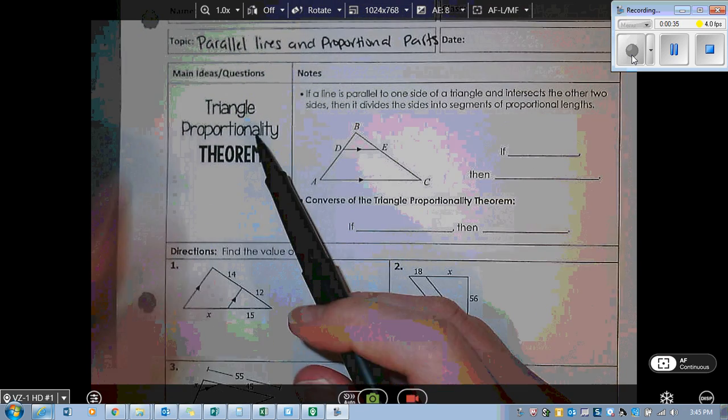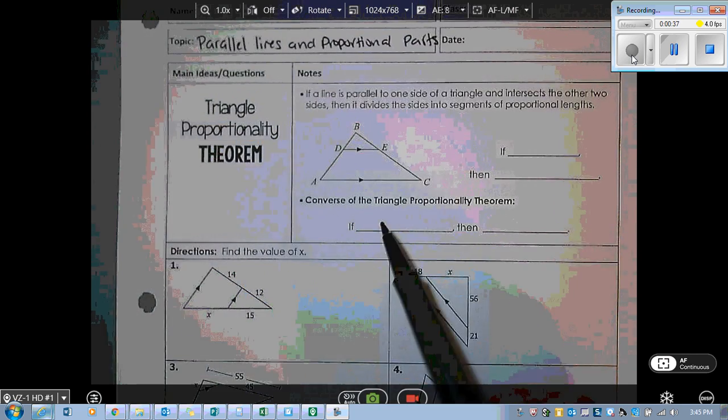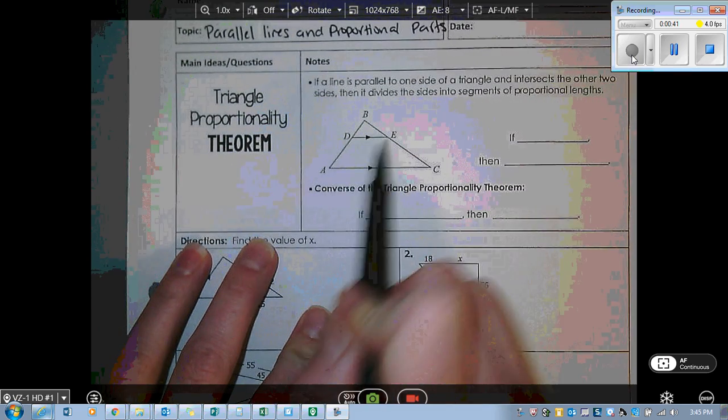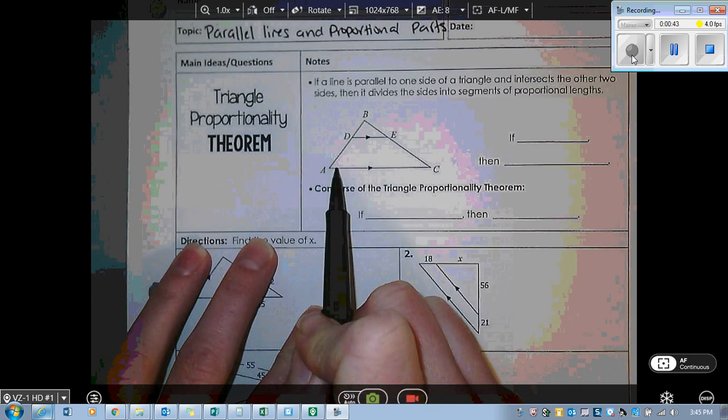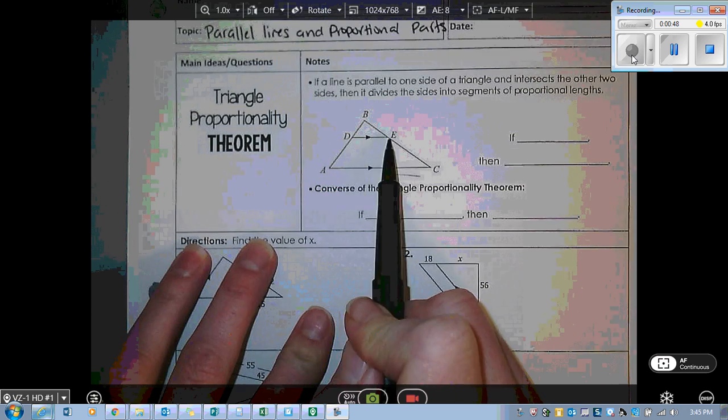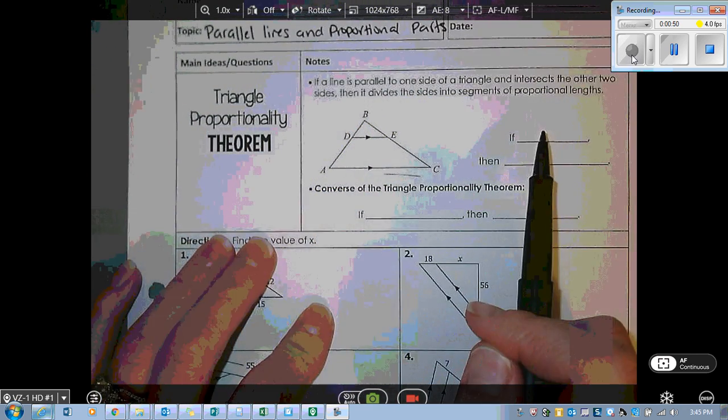So the triangle proportionality theorem states if a line is parallel to one side of the triangle, so we have this line, it's not a midpoint, but it's a line, is parallel to this line, and intersects the two other sides, then it divides the two segments into proportional lengths.